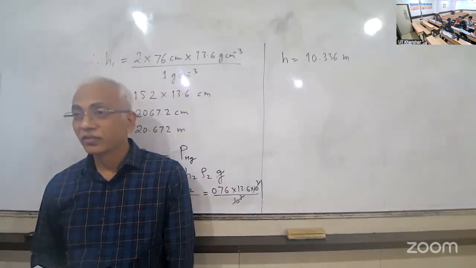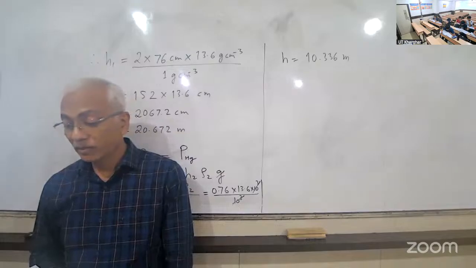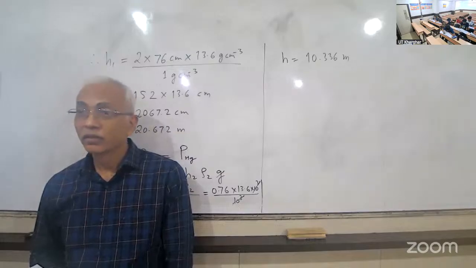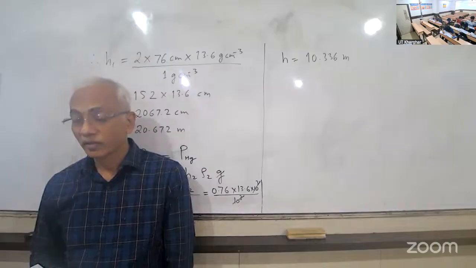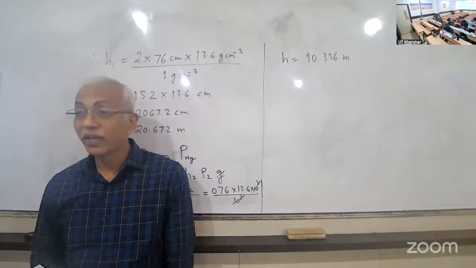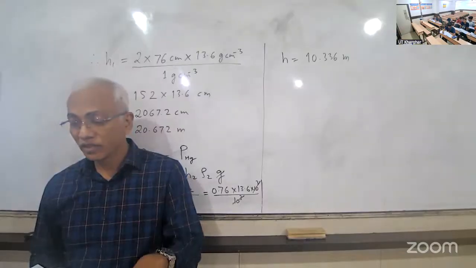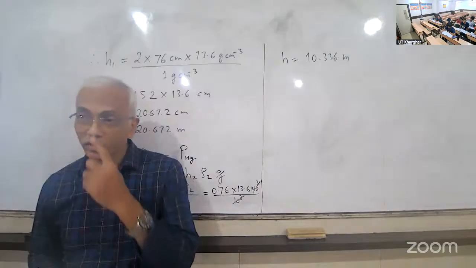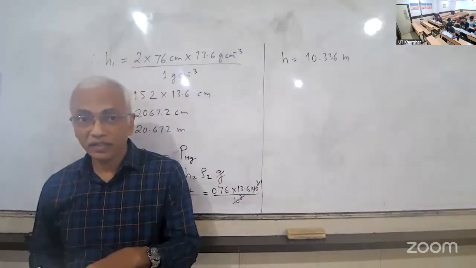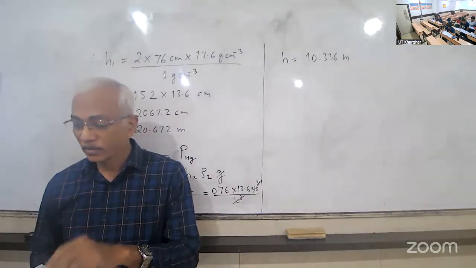Exactly. So same depth. P1 and P2 are the pressure at same depth. So in the sea water, the pressure will be higher. Although it is 3 meters below the free surface. Okay. So why will it be higher? Because the sea water density is higher than fresh water. This is correct.